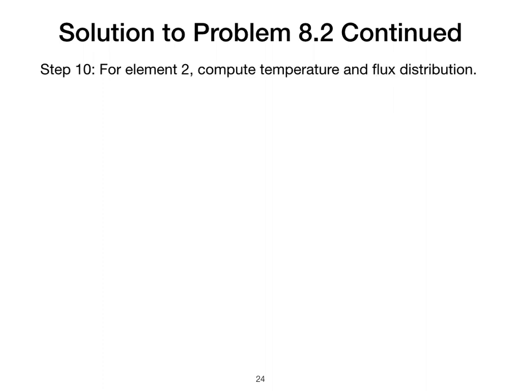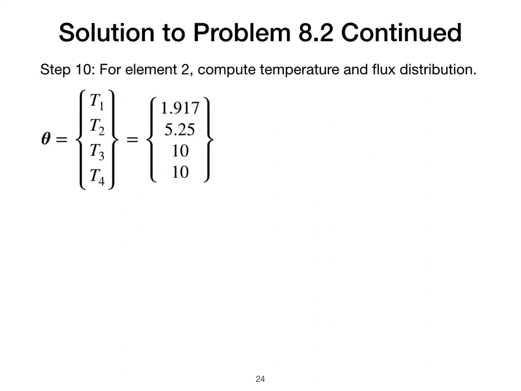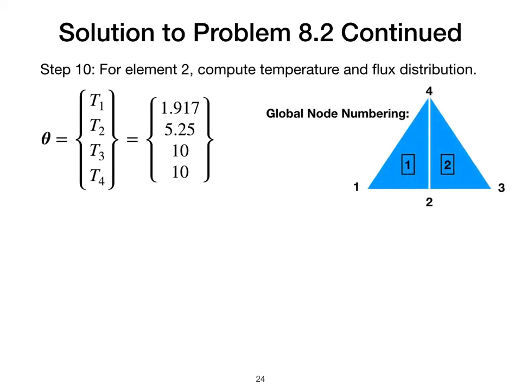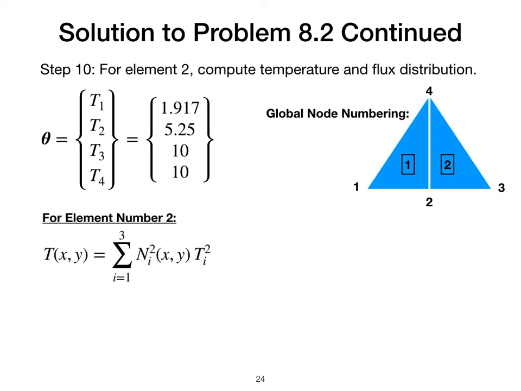Okay, for element number 2 also we need to compute the temperature and flux distribution. So we will do a similar process. The global temperature vector is given, and you see the global node numbering.